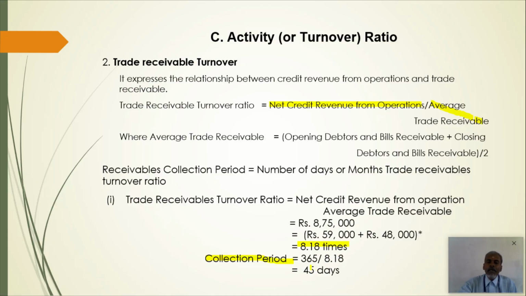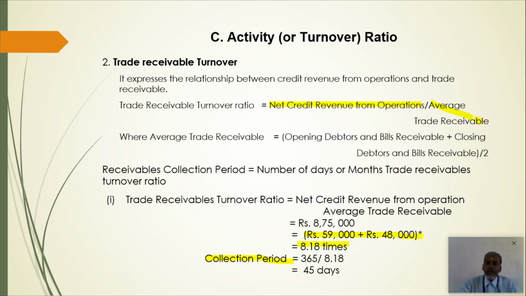So 45 days means it takes 1.5 months to convert the credit sales into collection or cash. So if it takes 1.5 months, we have 12 months in a year. So how many times does it rotate? It is 8.18 times. We can reverse work too to find this 8.18 times, right?